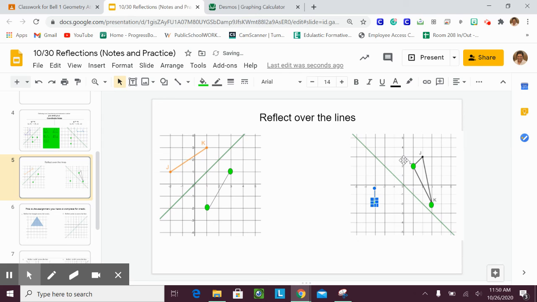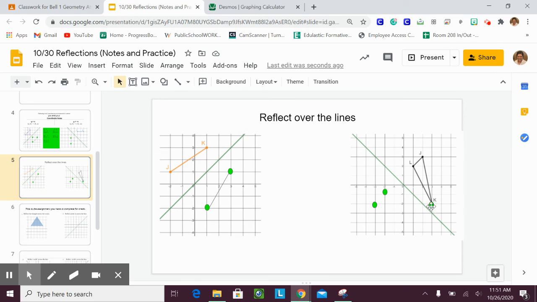Okay. L is at 1, 2. So I'm going to flip them and change their signs. So it's going to be at -2, -1. And now if you look, these are equal distance from each other, just like they were there. They crossed through the middle of that box.